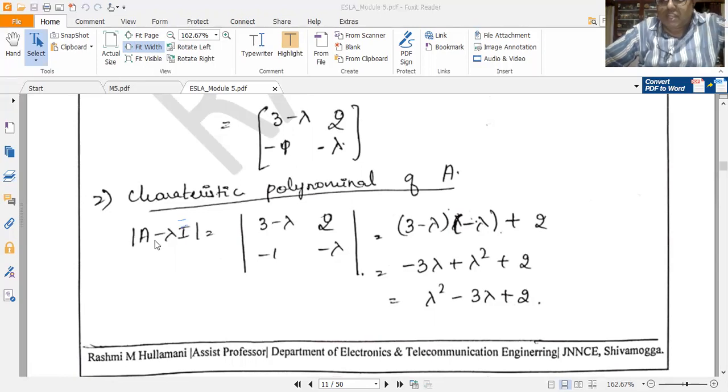The roots give me the eigenvalues. This is the procedure followed for any n cross n matrix's eigenvalue computation.